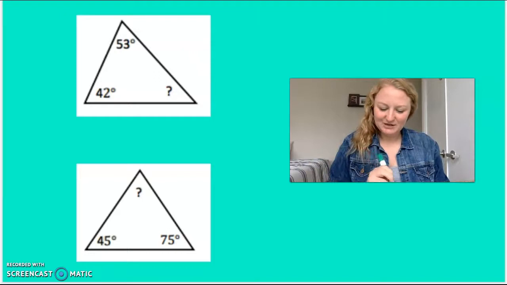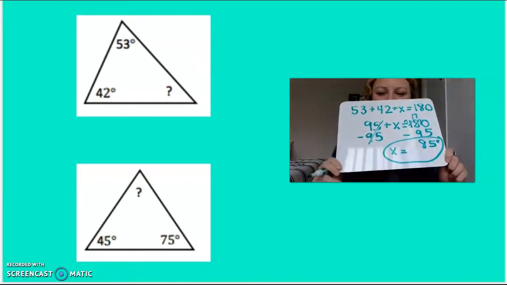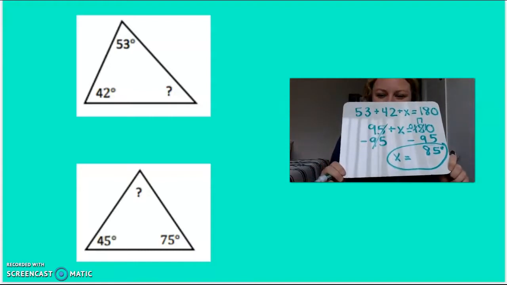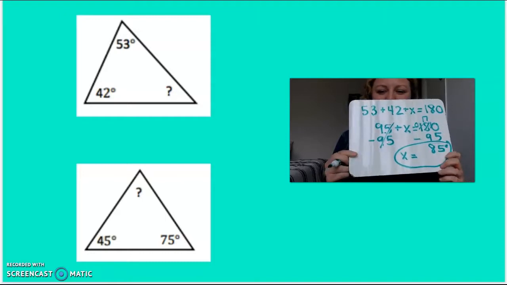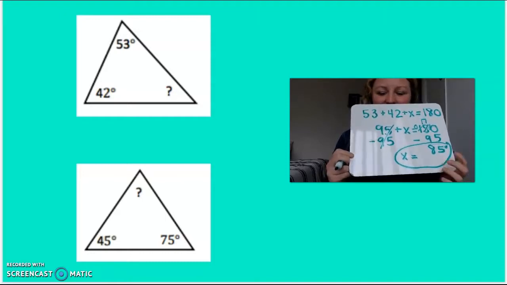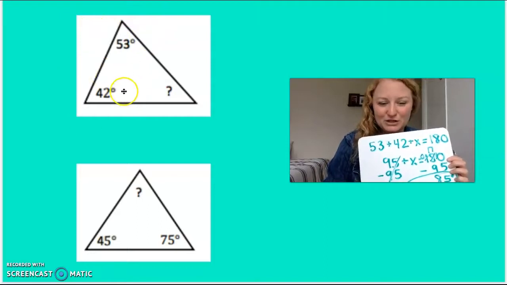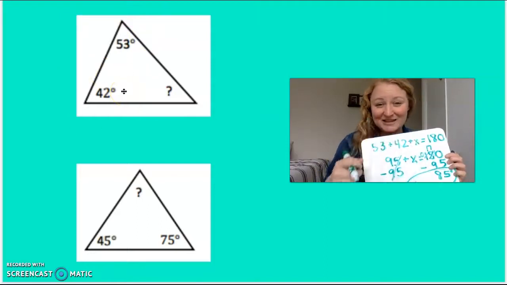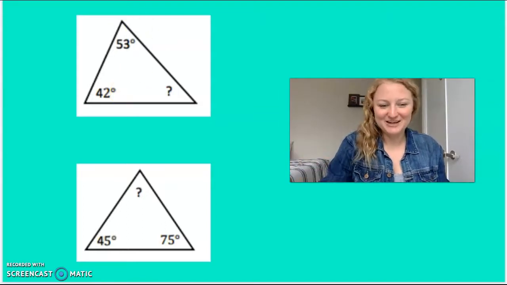After you've subtracted, you should get what x is equal to. That last angle is equal to 85 degrees. And we can check our thinking by asking ourselves, what is 85 plus 53 plus 42? If you add those together, you should be left with 180.